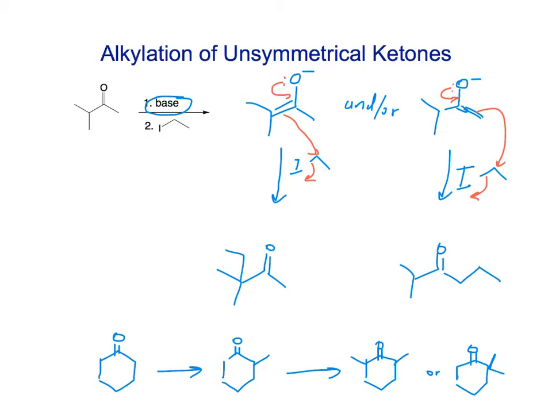Okay? So this has to do with the enolate. All right? So if we can control which enolate we form, then we can control where the alkyl group will go. So let's take a look at these two enolates that I've drawn up there, and ask ourselves if one of those enolates would be more stable than the other. Which one would be more stable? The one on the left, right? And why? Because the alkene is more highly substituted.